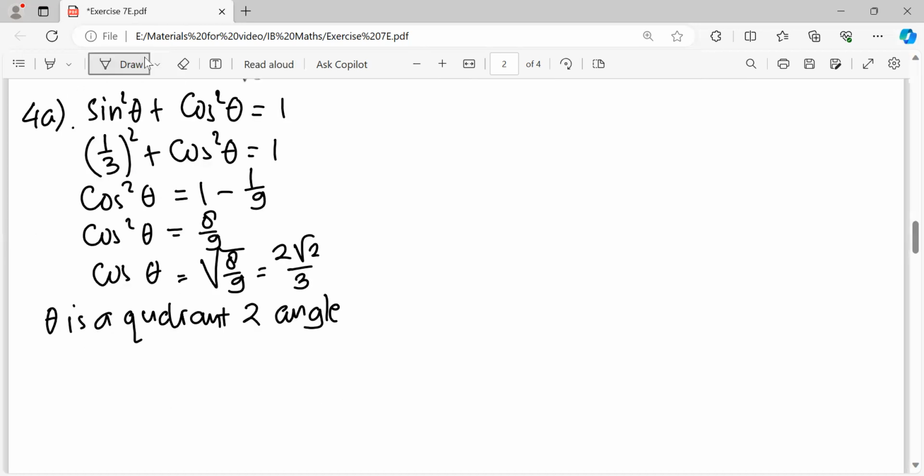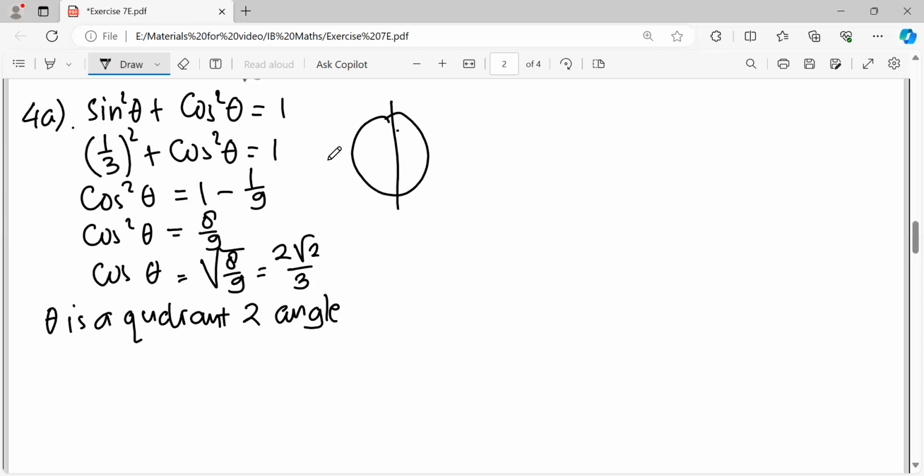At quadrant 2, the coordinate point is negative x, comma y; y is for sine theta and x is for cosine theta. So cosine theta at quadrant 2 is negative, which means cosine theta equals negative 2 square root 2 over 3.